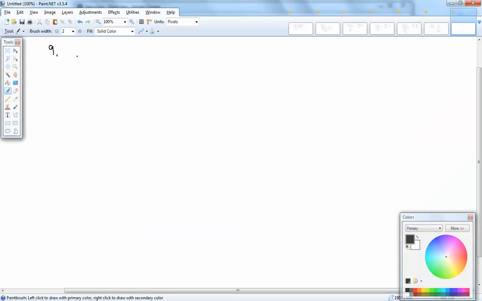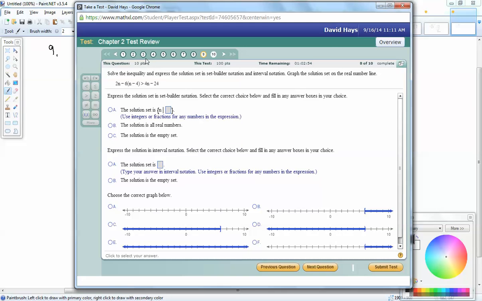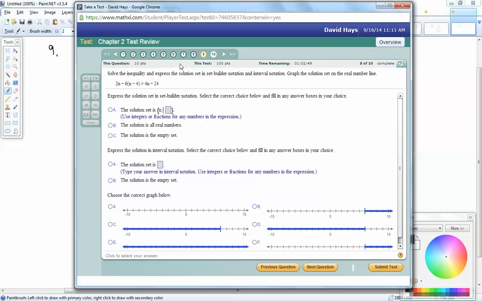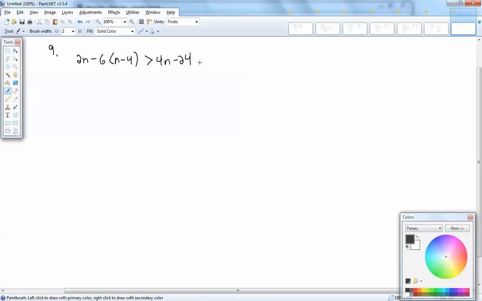We got 2n minus 6 times n minus 4 is greater than 4n minus 24. And we're going through our 4 steps for solving a linear inequality. First step, get rid of parentheses.